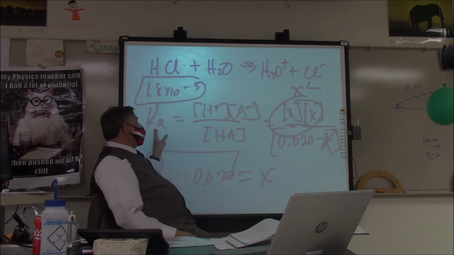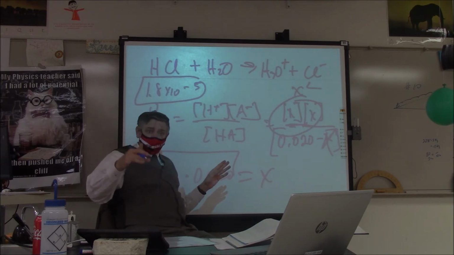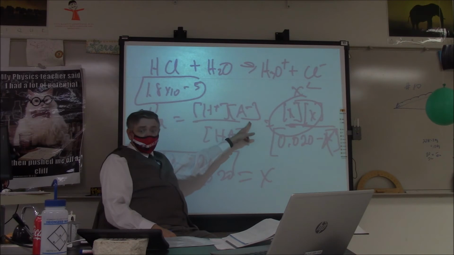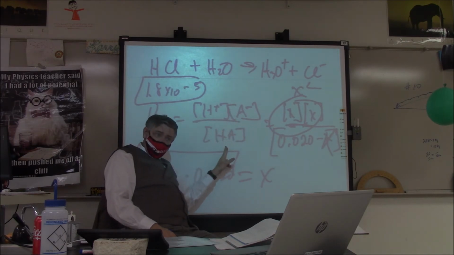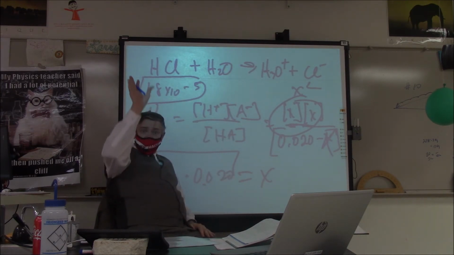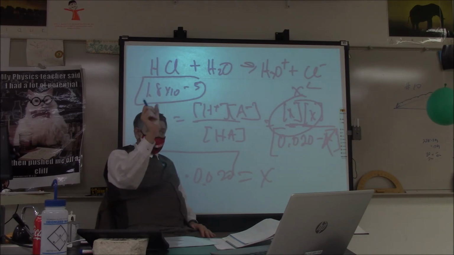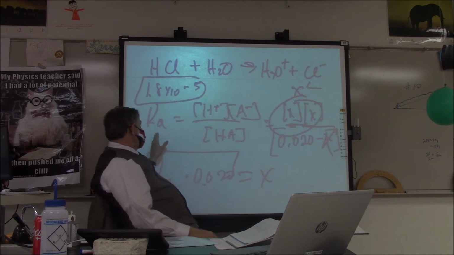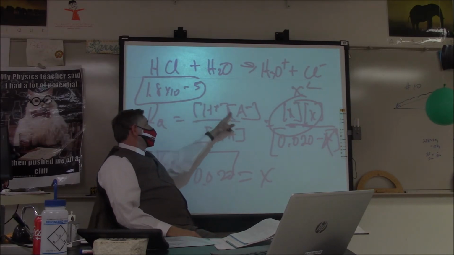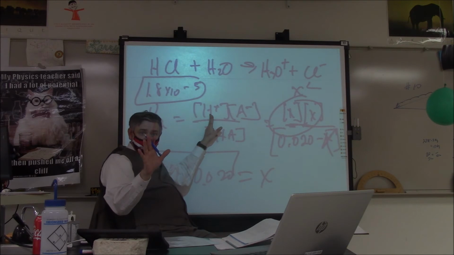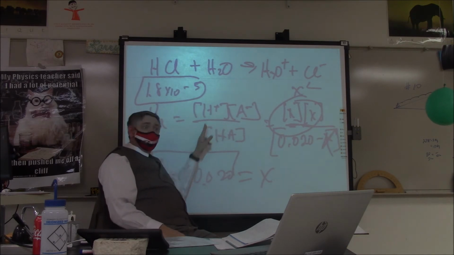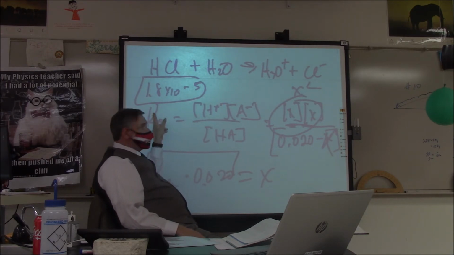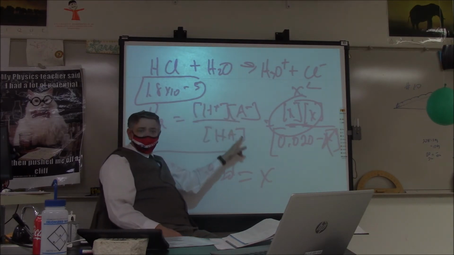If you have a bigger Ka value, you have bigger numbers on top and a smaller number on the bottom at equilibrium. Ka is all about understanding mathematics.